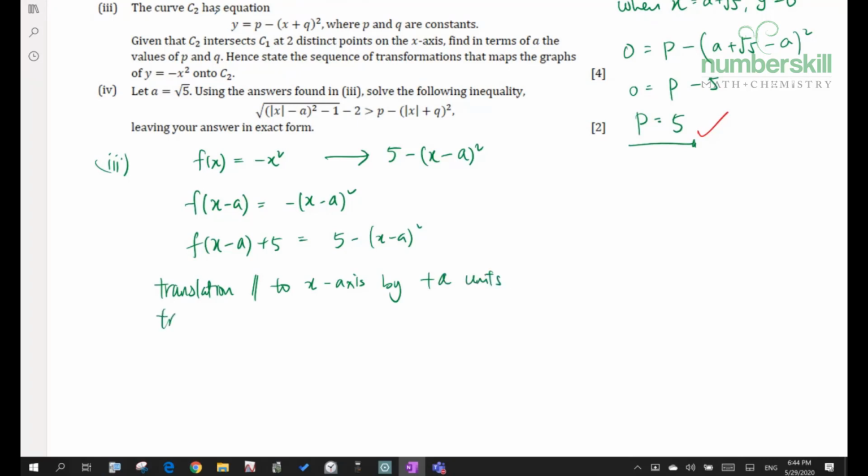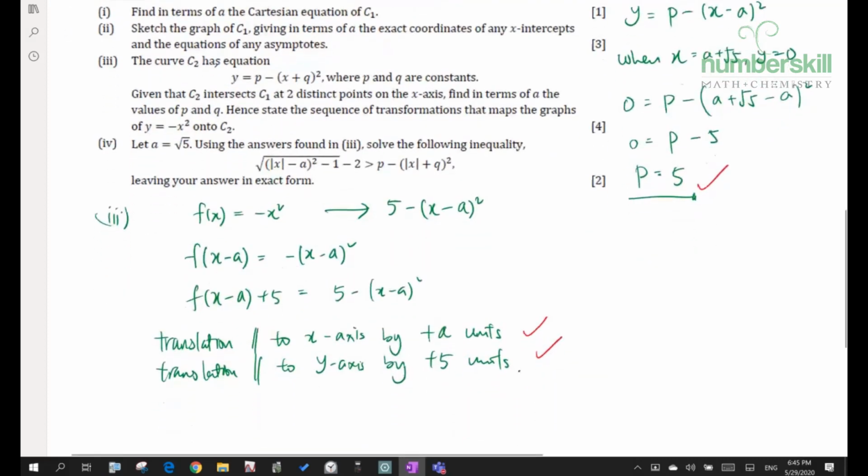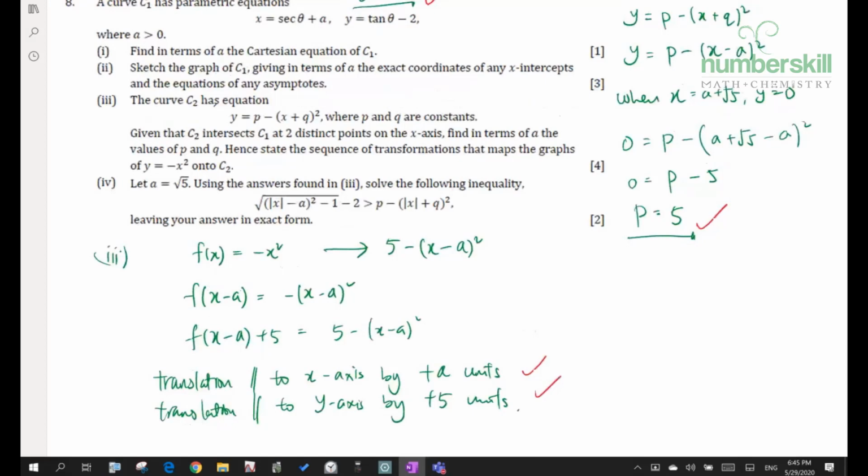Followed by another translation, parallel to the y-axis this time, by positive 5 units. Again, the correct description, one after another, 1 mark each. So total 4 marks for this part 3, all in green. Sorry, it's a bit all over the place, but I think you understand what's going on so far. Are we all clear?